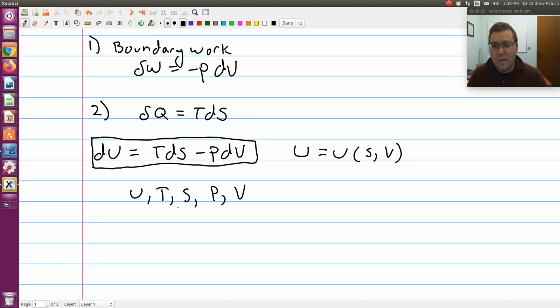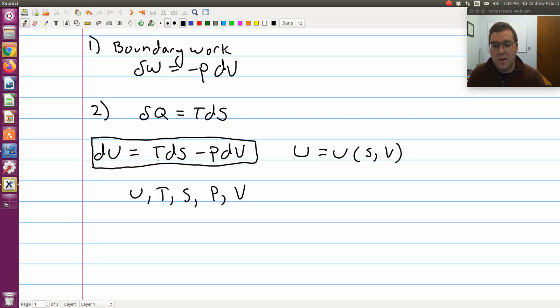The other thing I'll mention as we work out our convenience functions is, so dU is TdS minus PdV. So T and S appear together and P and V appear together. So T and S and P and V are conjugate variables. In this expression, S and V are my independent variables. And so what we'll do when we work out these convenience functions next will essentially be swapping the roles of my conjugate variables.